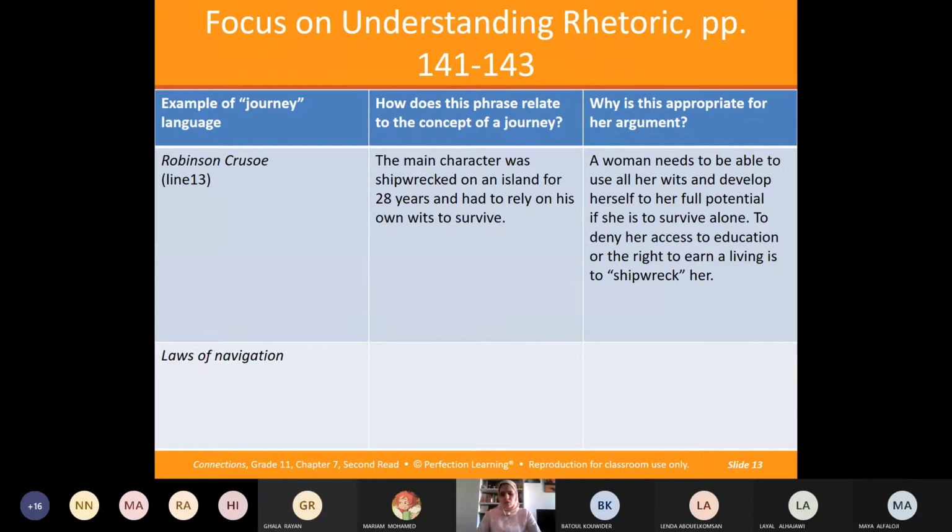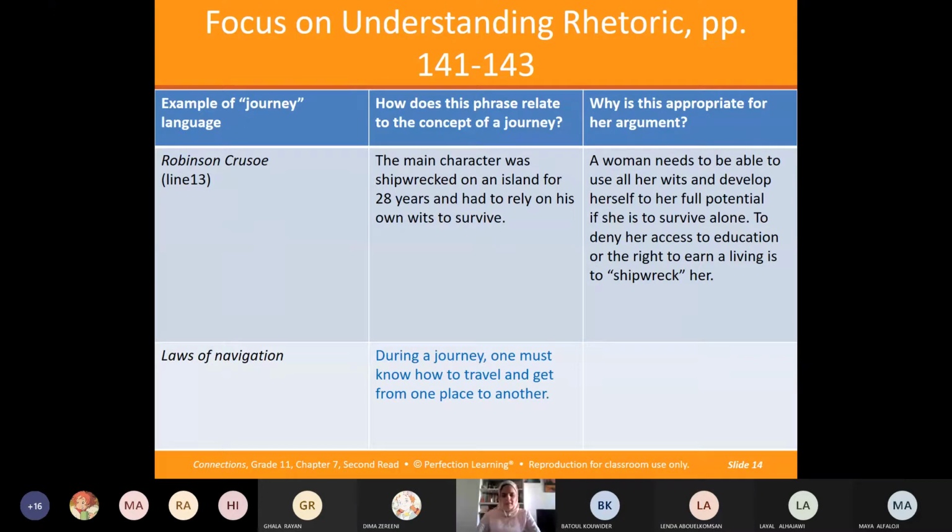Why did she use laws of navigation in her argument? Who can tell me? Maybe she wants them to find the right place. Excellent. How is it related to a journey? Because they're searching for the good, to respect women. Yes, and of course, navigation is very important to travel, right?